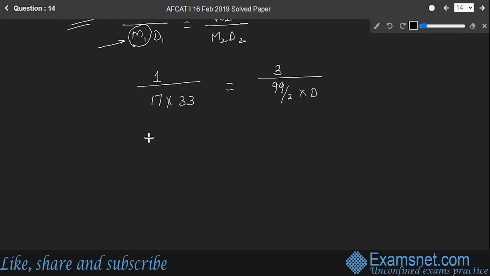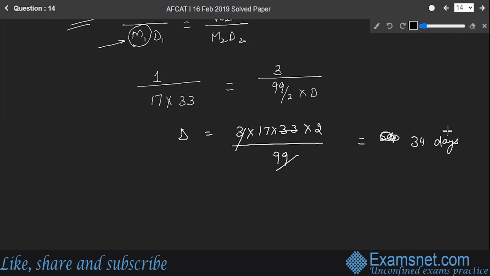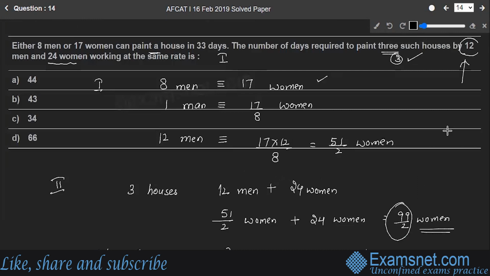So now let's solve it further. D will be equal to 3 into 17 into 33 into 2 upon 99. So you will have, sorry, 34. 34 days for 12 men and 24 women to complete the 3 houses paint. So it will take 34 days, right? Option C is the answer.